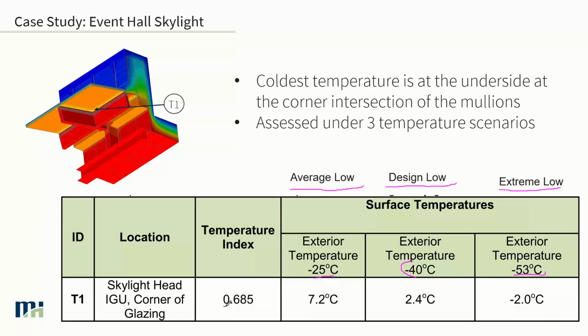Then we can use the temperature index to look at what the temperatures could potentially be when we have exterior temperatures in between. We don't need to explicitly model it. We can use the temperature index to get an idea of what the surface temperature could be between these two sets of temperatures.